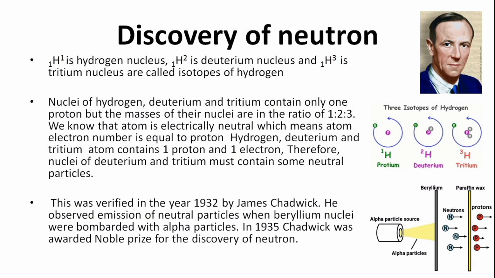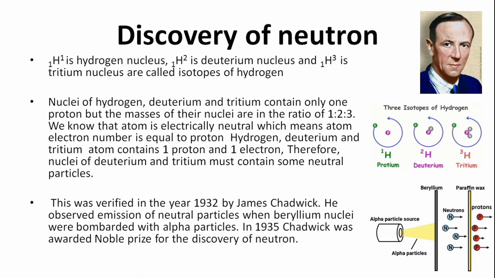We all know that the neutron was discovered by the Nobel Prize winning scientist James Chadwick. Now let us see how the neutron was discovered. We know that 1H1, 1H2, 1H3 are called isotopes of hydrogen. 1H1 is a hydrogen nucleus, 1H2 is deuterium.